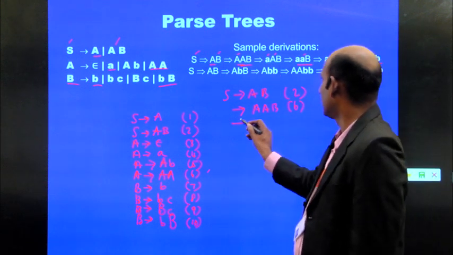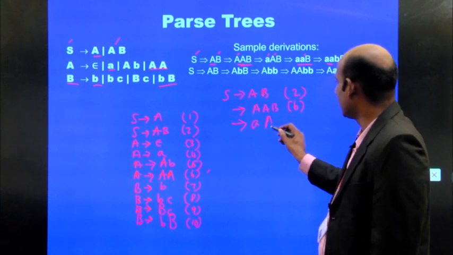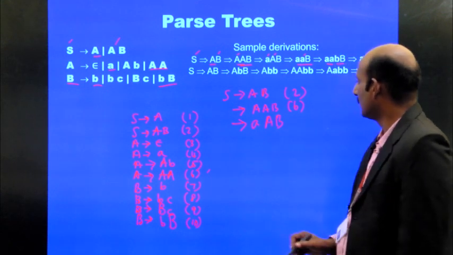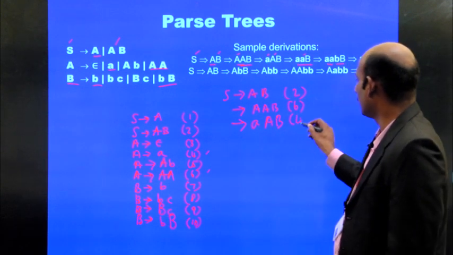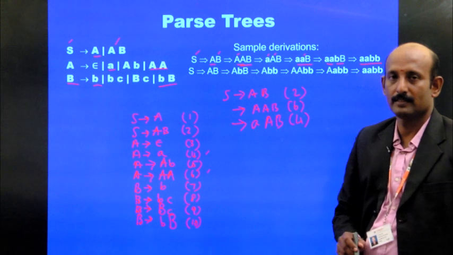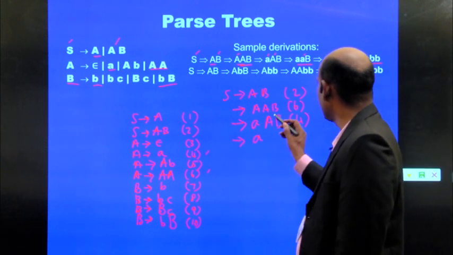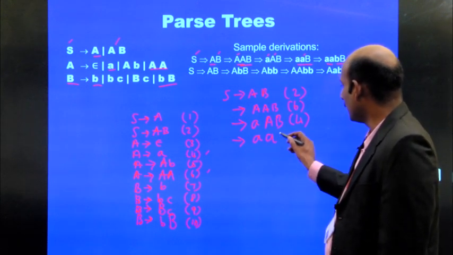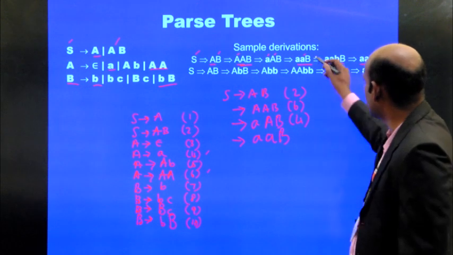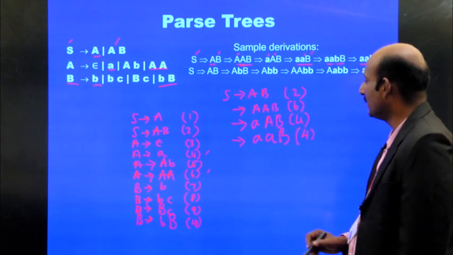And next, this A can be replaced by small a, because as per rule number 4. Likewise, this A also again is replaced by small a followed by capital B. So this also uses the same production rule number 4.